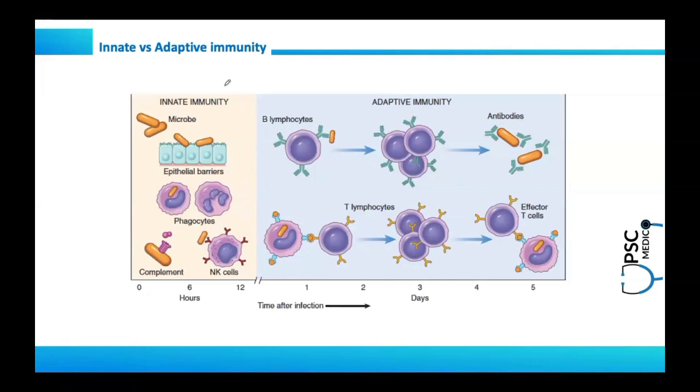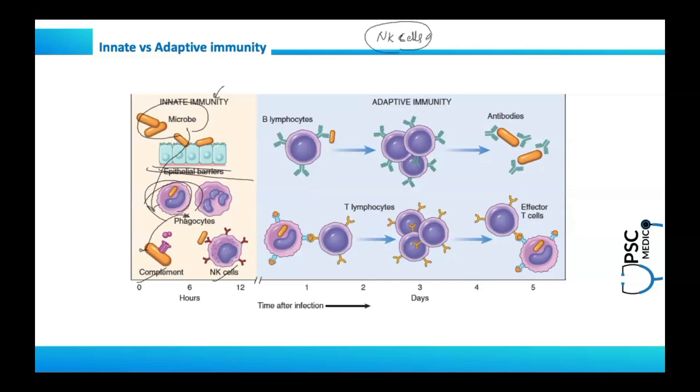sorry, so in innate immunity, whenever there is a microbe at the epithelial barrier, you have phagocytes ready to eat the microbe whenever it enters. Whenever the microbe is eaten or taken away by the phagocyte, it is readily presented to the complement system of the body. Okay, and also the natural killer cells which are readily available. While we were discussing natural killer cells, I did tell you a point. What was that?